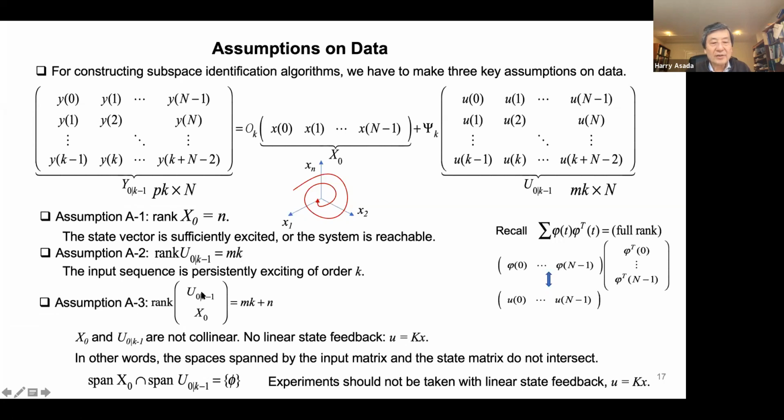The third one is that the input Hankel matrix and the state X naught are basically not intersecting.